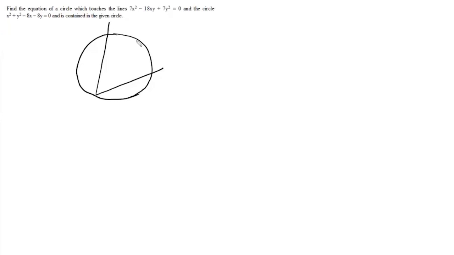So here we are looking for this circle which touches these two lines and also this given circle. Now we know that the center of this circle will lie on the angle bisector of these lines, and we know that the equation of the angle bisector is given by (x square minus y square) upon (a minus b) equals xy upon h.